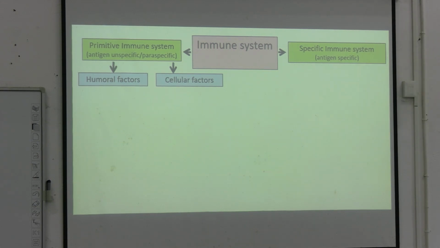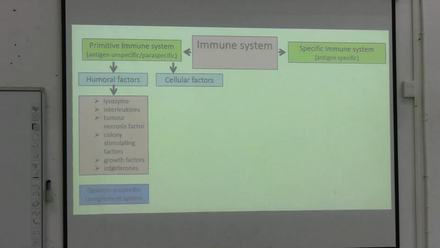Whereas the specific immune system will act based on the type of the antigens the human body faces throughout the infection. In this categorization, we can have primitive immune systems which include humoral factors.